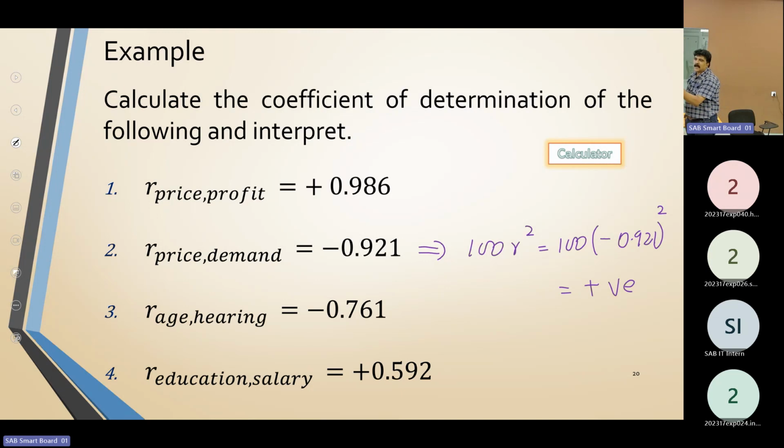In this case you can argue either way. We'll take demand as the response and price as the predictor. Hearing ability depends on age. Salary depends on education.